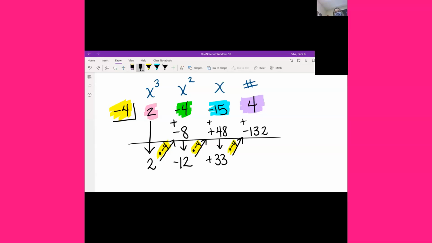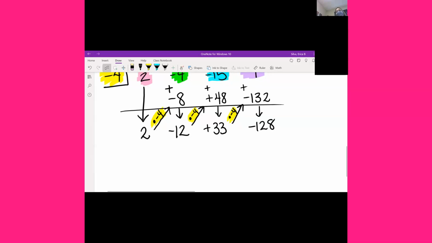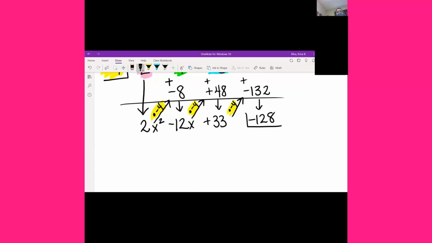All right, let's add those two together. -132 plus 4, that's -128. All right, now let's set up our answer. The last one is my remainder. First one is my constant, x, and then x to the second.